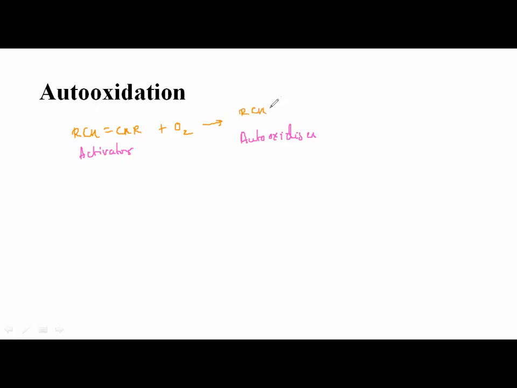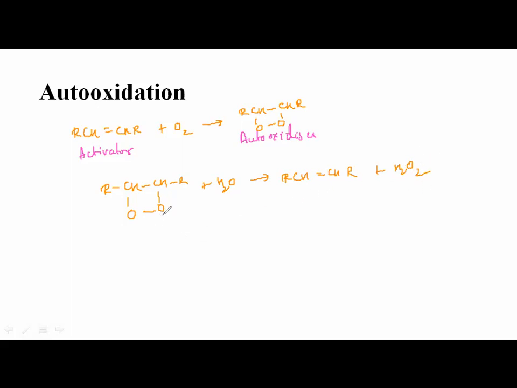The auto-oxidizer formed is RCH-O-O-CHR, with an oxygen-oxygen linkage. This auto-oxidizer combines with H2O and forms RCH=CHR plus H2O2. So hydrogen peroxide is formed.